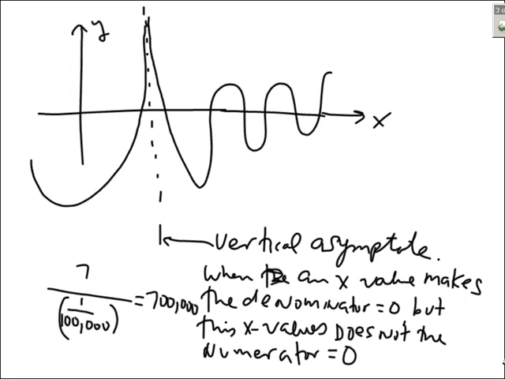Now, if either the numerator or the denominator was negative, then the fraction will be negative 700,000, a very large negative number. So you have a vertical asymptote every time you have an x value that makes the denominator 0 and not the numerator.